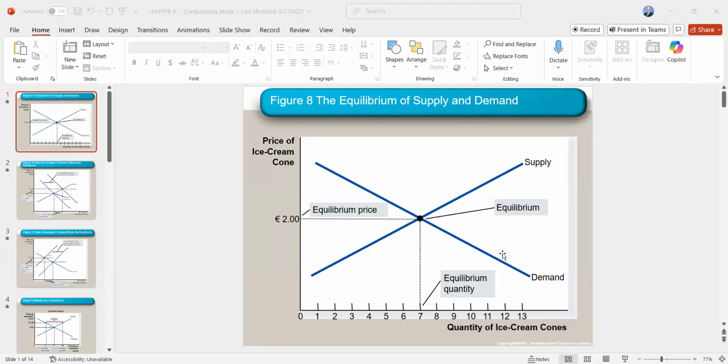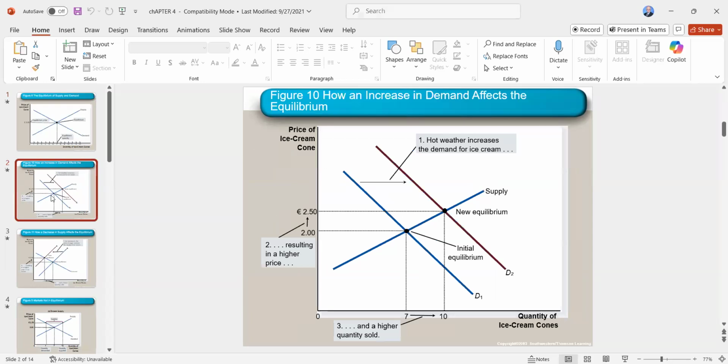Then the next step is, say it was income doubling in the United States. All right, hot weather increases demand for ice cream. So hot weather would be taste and preference. All right. So you're going to ask, is it a demand shifter or a supply shifter? It's a demand shifter.